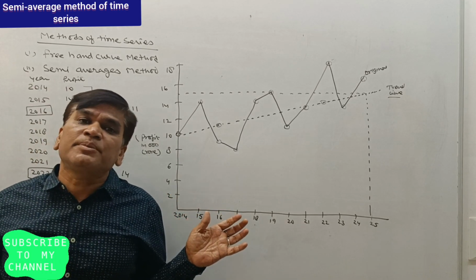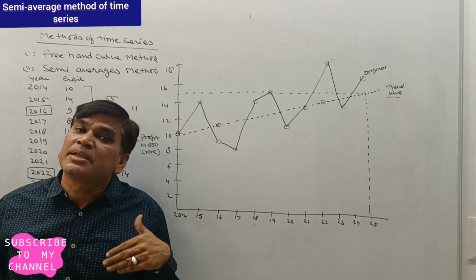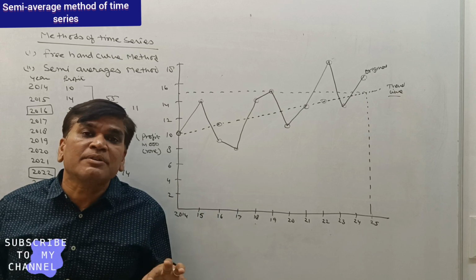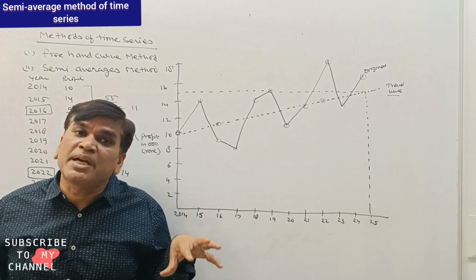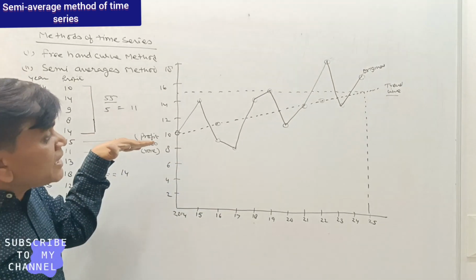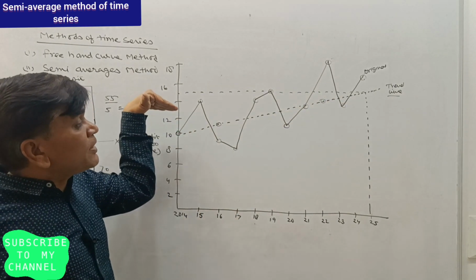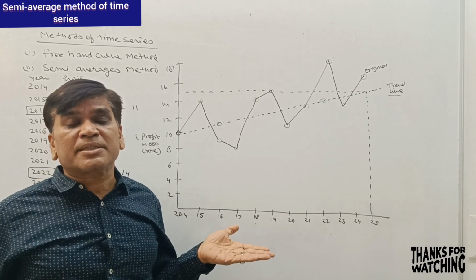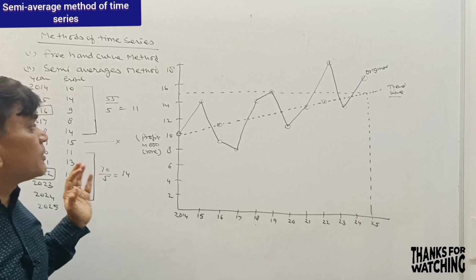With the help of the semi average method we can forecast what is going on in the near future, and our forecast will be near to the original data because we forecast seeing the trend. In this data the trend is to increase the profit; sometimes the trend will decrease the profit. So seeing the trend we make the forecast. This is called the semi average method of the time series.